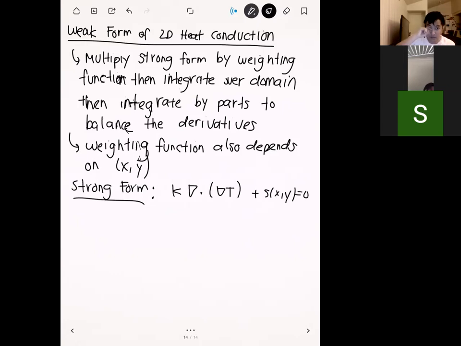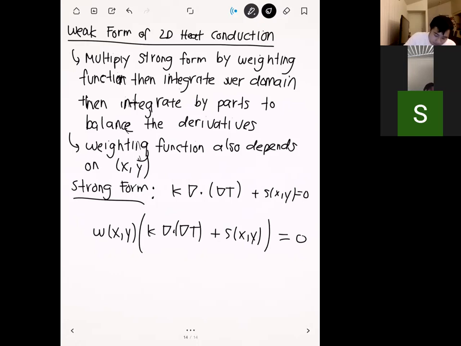And so first thing, let's multiply this by our weighting function. So we have W of x and y multiplied by k nabla dot nabla T plus S of x comma y. All this is equal to 0.